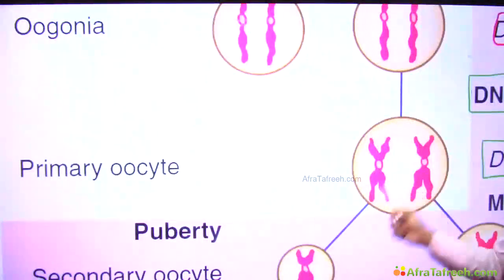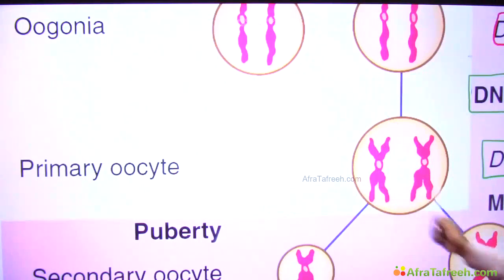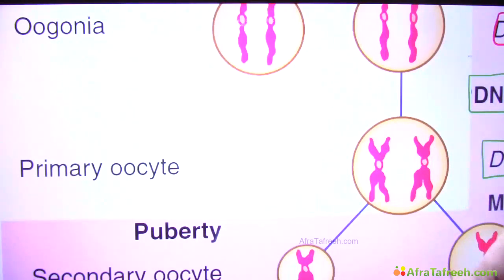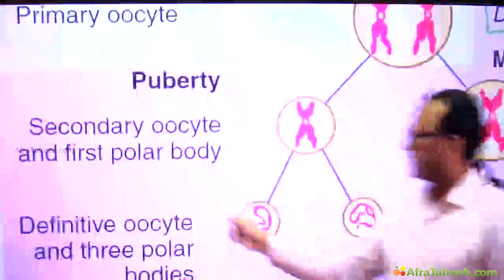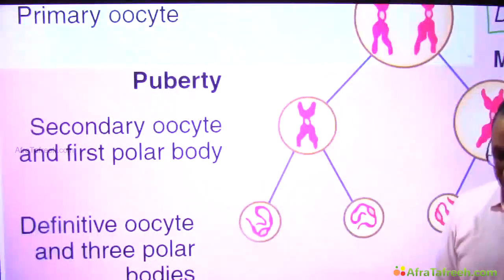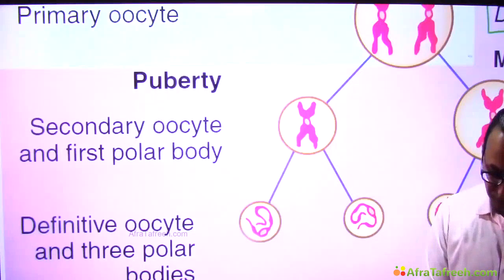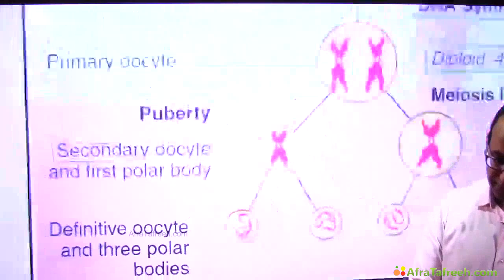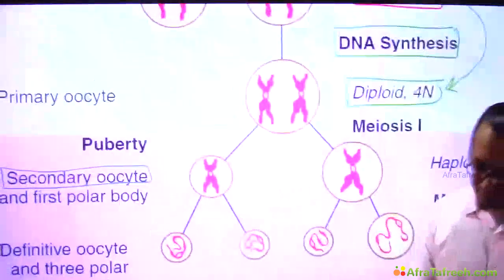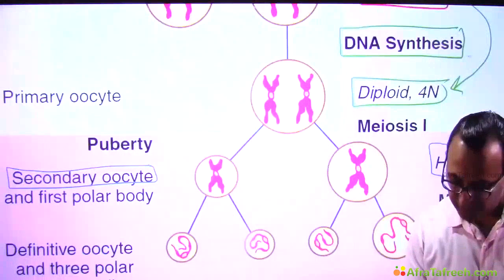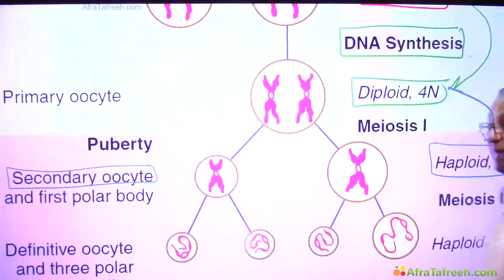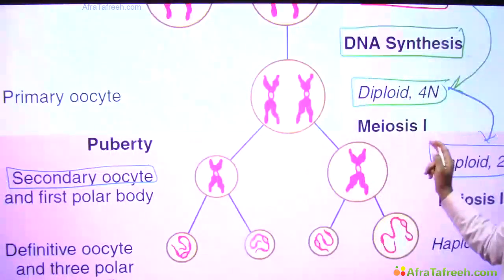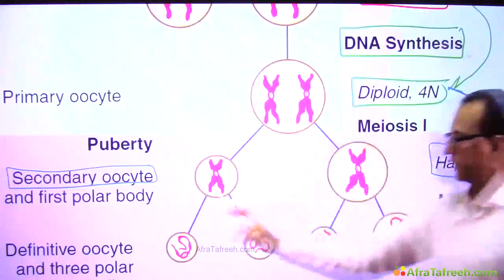Now, as we move further, this is the cell which is called the primary oocyte, the one which is going to enter meiosis 1, where maternal and paternal chromosomes are separating. As they are separating, what do you think is the status of the secondary oocyte or the first polar body? They must be haploid. Not only haploid but having 2 units of DNA. So this primary oocyte, when it is undergoing meiosis 1, gives us the secondary oocyte.